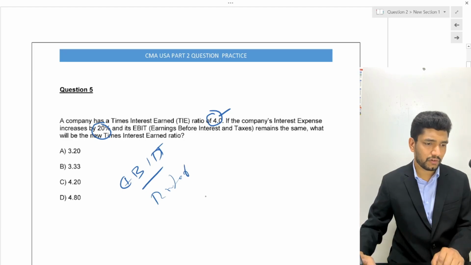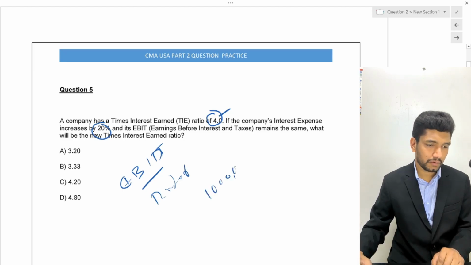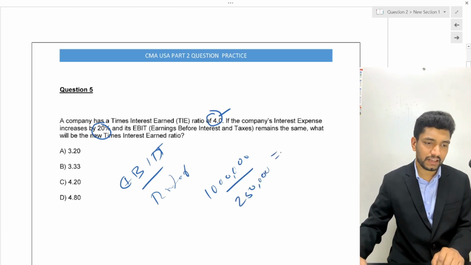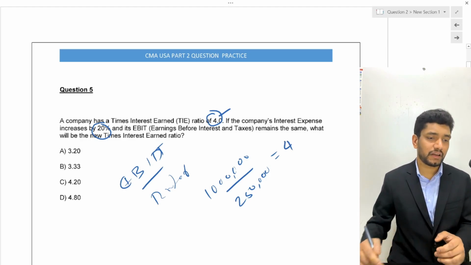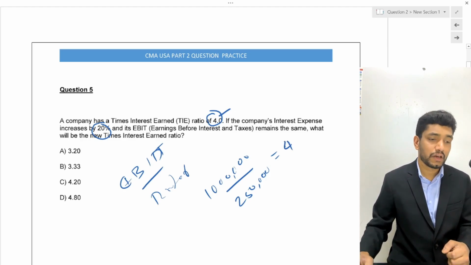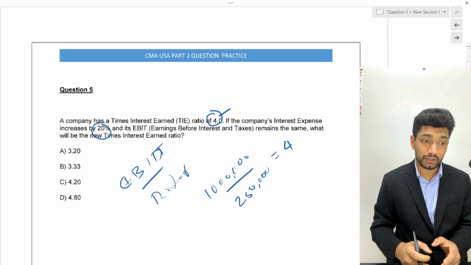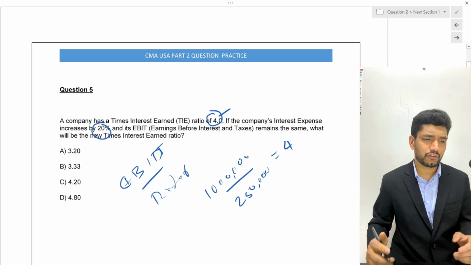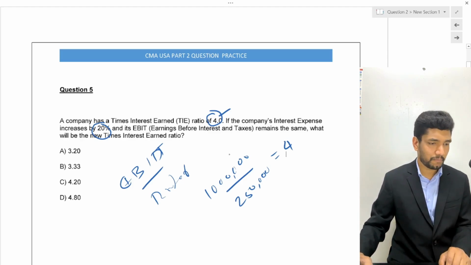So just assume my EBIT is 1 million divided by 250,000. This is exactly 4. You can put any number here, but the ratio should be 4. You can put 100,000 divided by 25,000, which will match.